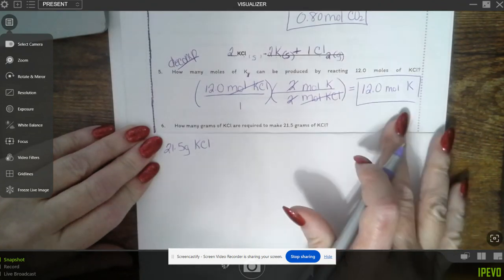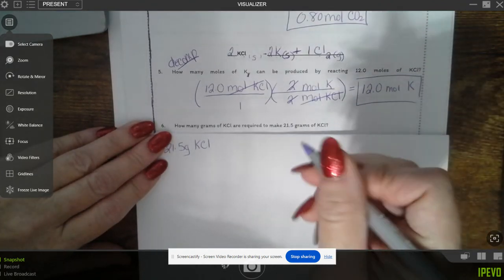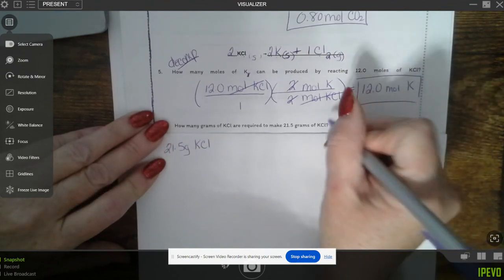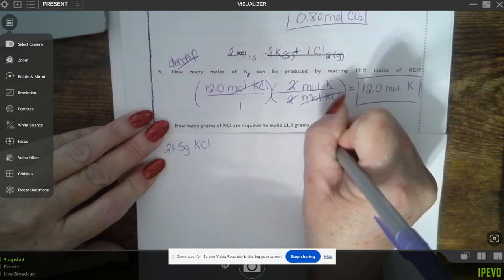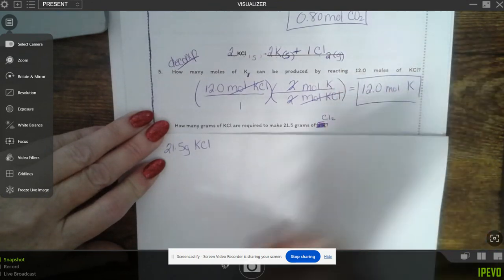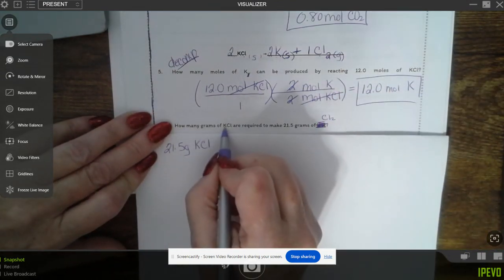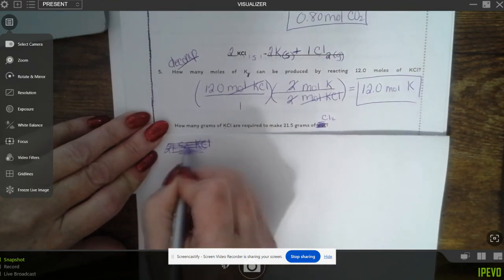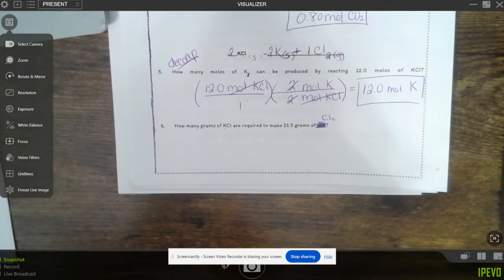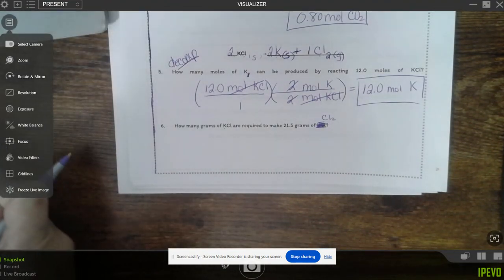there are just typos all over in this. Let's make this 21.5 grams of Cl2. All right, so how many grams of KCl are required to make 21.5 grams of Cl2? Let's see, I'm going to get a different sheet of paper so we're not confused.